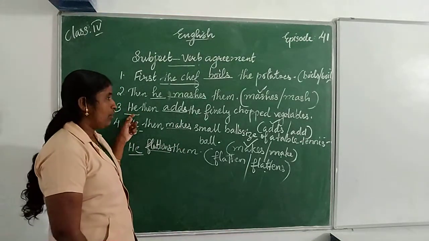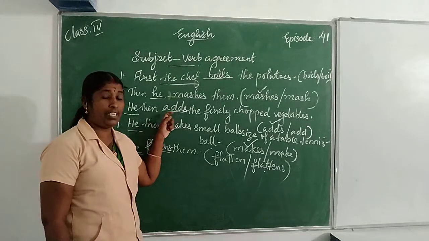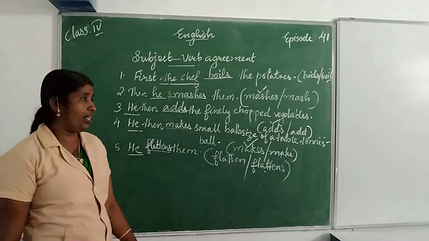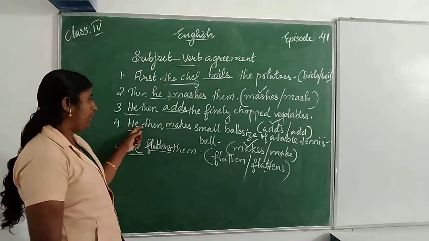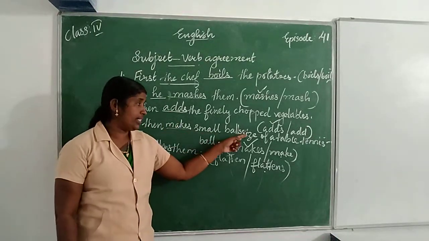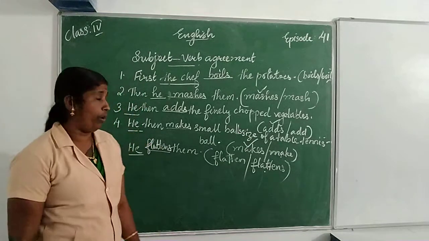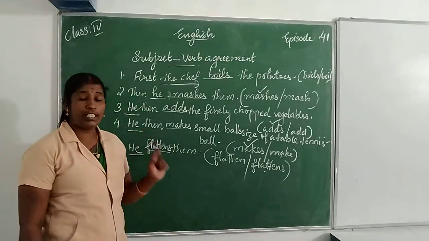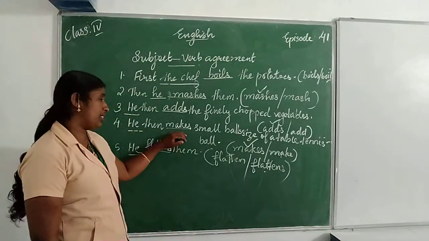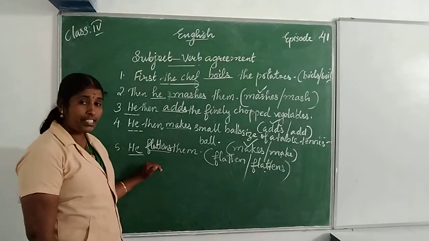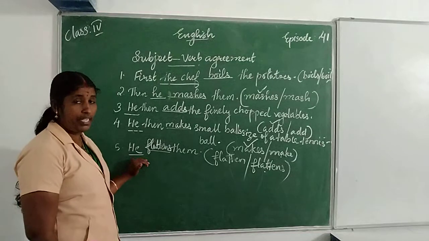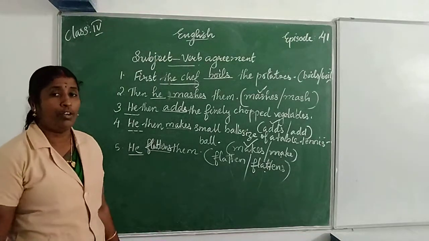He is a singular subject, so we use the verb adds. Then he makes small balls, size of a table tennis ball. He is a singular subject, so we use the verb makes. He flattens them. He is a singular subject, so we use the singular verb flattens.